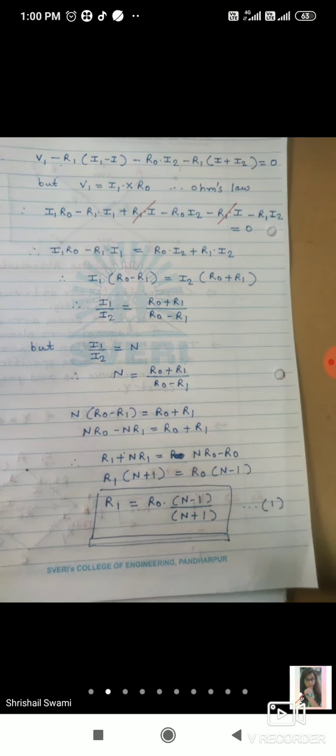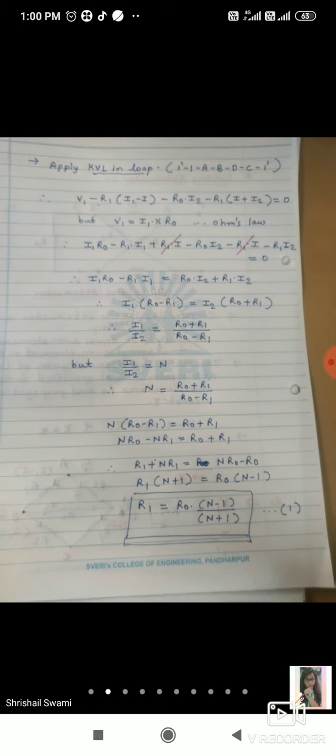Understood? Once you put I1 divided by I2 is equal to N, properly rearrange, keeping our aim as finding the expression of R1. So R1 term you can take on one side and all remaining things on another side, so that you can get the expression of R1. Up to this step there will not be any problem.